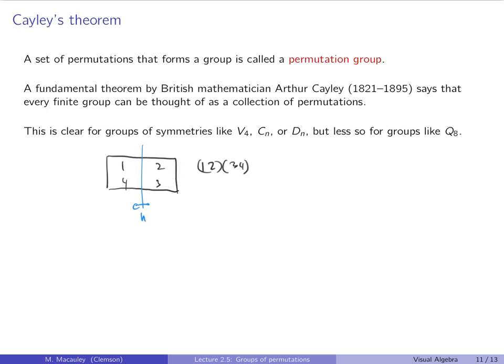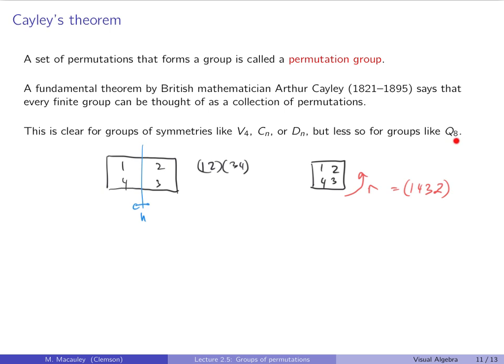And that's what we were doing. If you have a square and you label 1, 2, 3, 4, and then you rotate, say in that direction, then 1 goes to 4, 4 goes to 3, 3 goes to 2, and 2 goes back to 1.